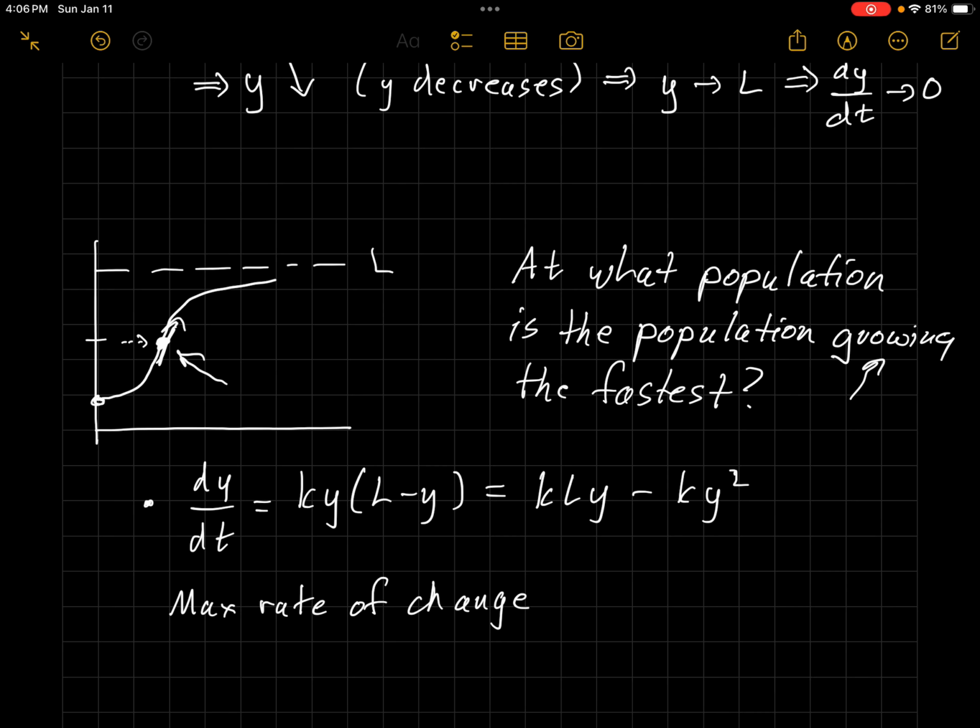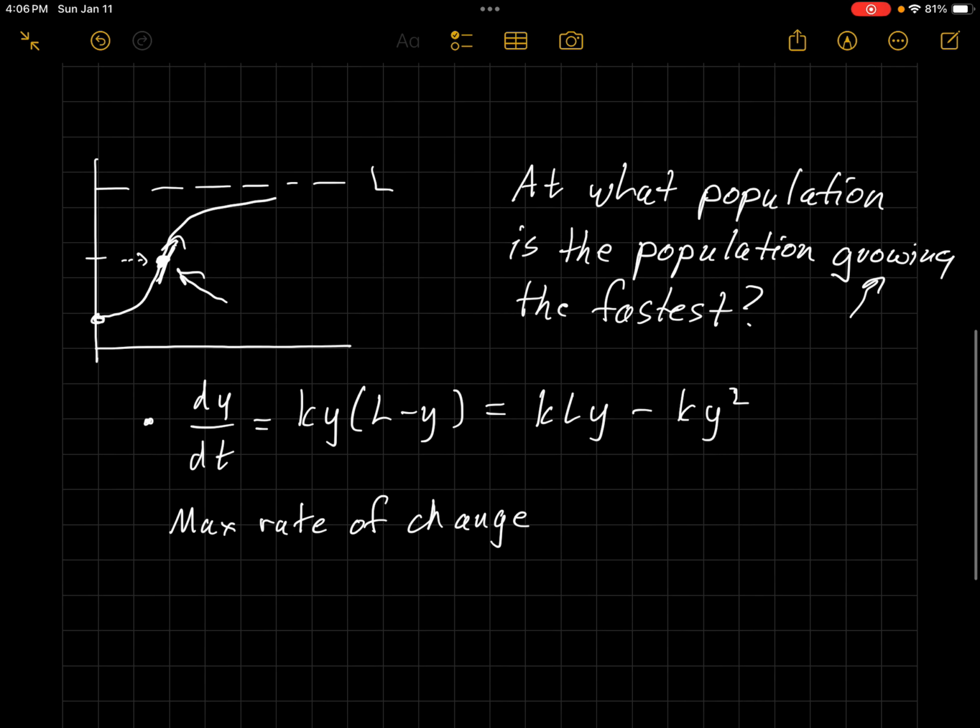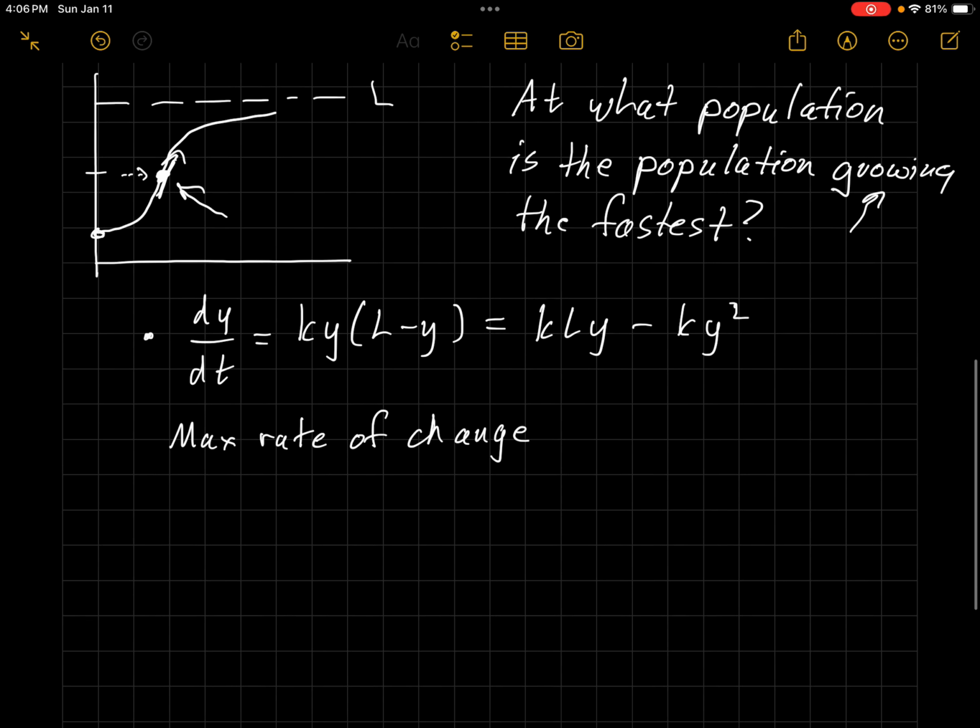So if I'm finding the maximum of something, I want to take the derivative of that something, set it equal to 0, do a little more analysis just to show that it's a max and not a min or a neither, and see what we get.